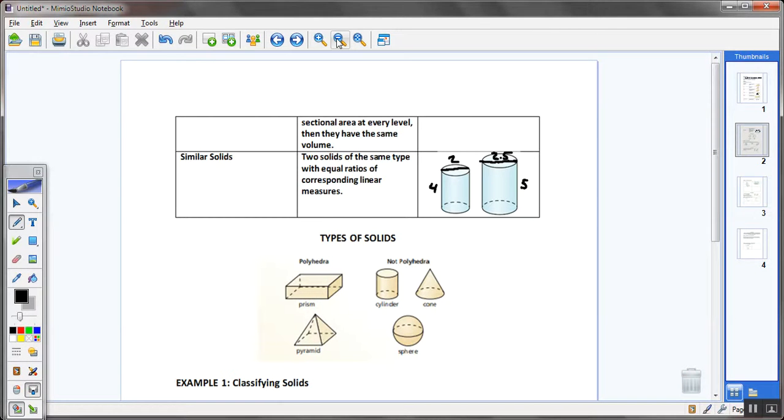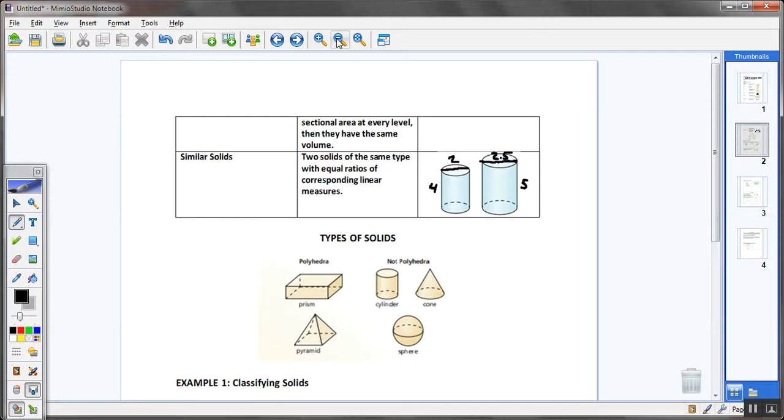Okay. Guys, the first thing we're going to talk about are types of solids. We have some polyhedrons up here, and we have some that are not polyhedrons. This polyhedron right here is considered a polyhedron. The first one is a prism. Furthermore, what kind of prism? Rectangular prism. It's a polyhedron because all the sides are what?